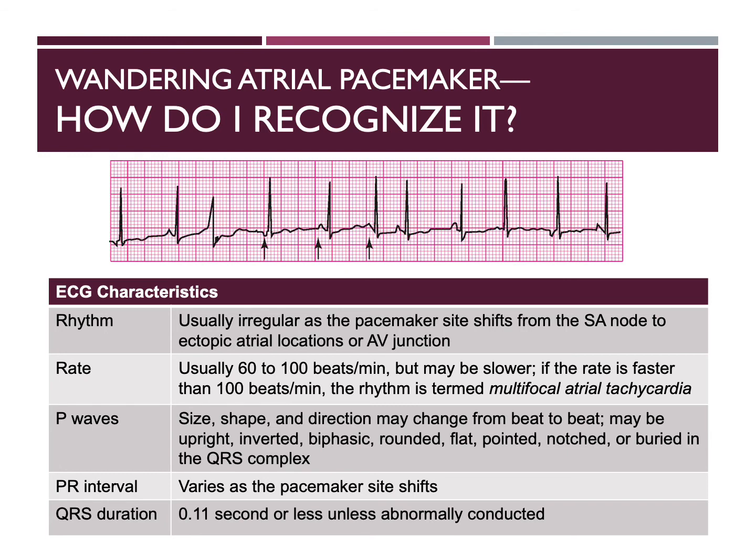If it is faster than 100 beats per minute, the rhythm is going to be termed multifocal atrial tachycardia. Once again, the P wave is where we're going to see the big difference here in our wandering atrial pacemaker. The size, the shape, and even the direction may change, as you can see by beats, once again, 4, 5, and 6 on this ECG.